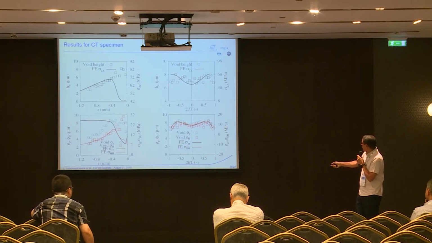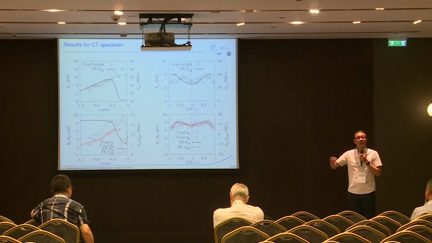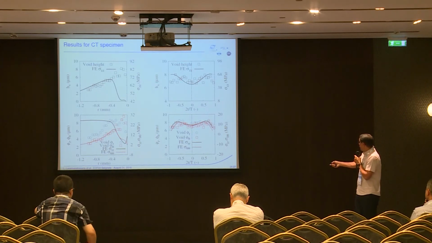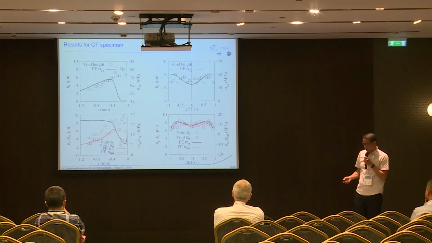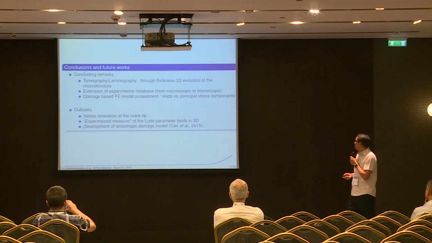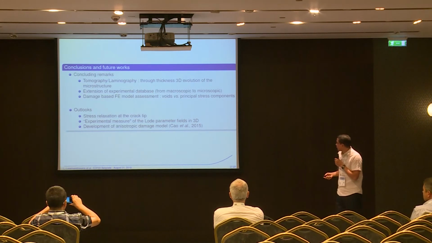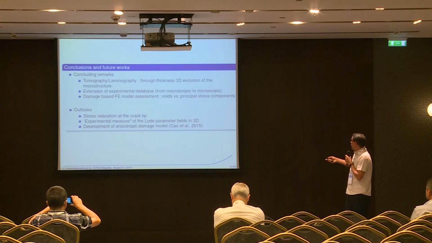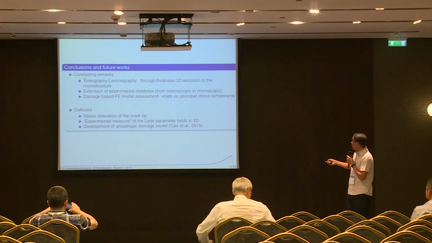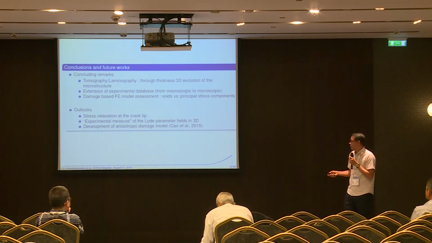And the same thing has been obtained, so we have here a continuous evolution of the stress or the void fraction through the thickness for the CT specimen. Okay, so I arrive at my conclusion. The conclusion is that from tomography and laminography, you may obtain through-thickness and 3D evolution of the microstructure.